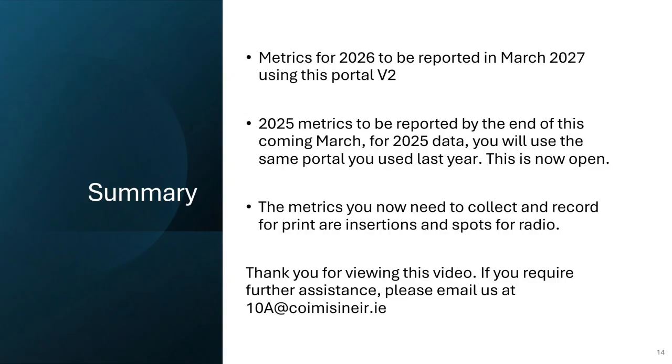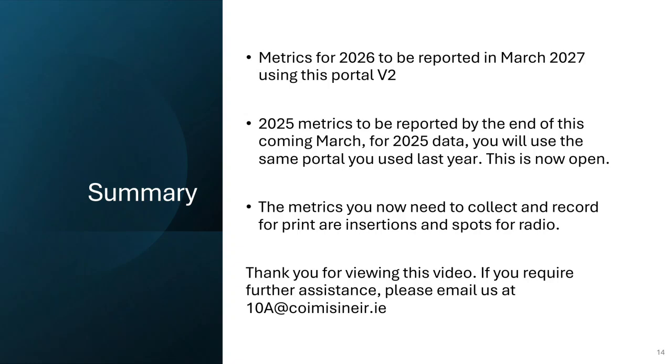Current metrics for 2025 will still be reported in spring of this year using the portal you used last year. And the metrics you now need to collect and record for print are insertions and spots for radio.